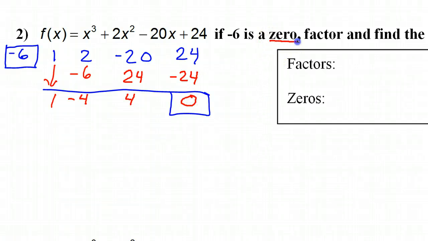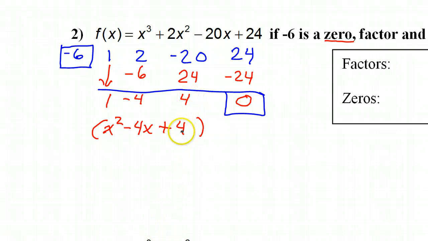Look, if it's a 0, I better get 0 when I do the synthetic division. This is a trinomial, just showing the coefficients. So I need to put my variables back. So putting the variables back in, this is x squared minus 4x plus 4. That last number always has to be the constant.